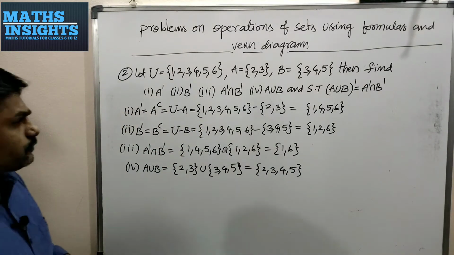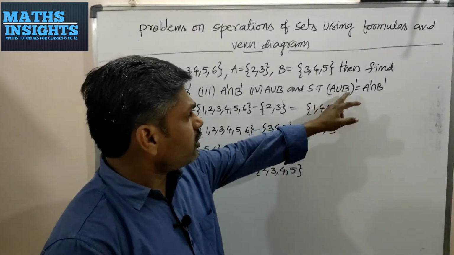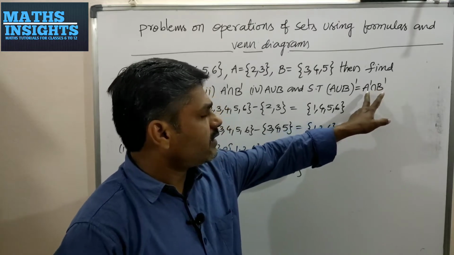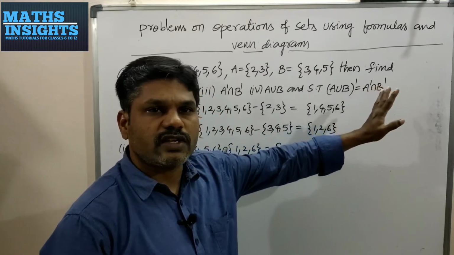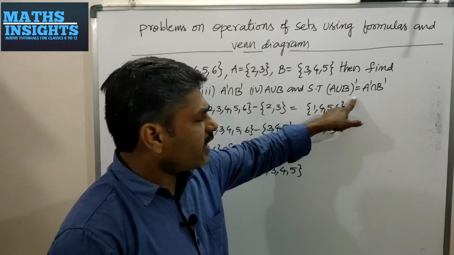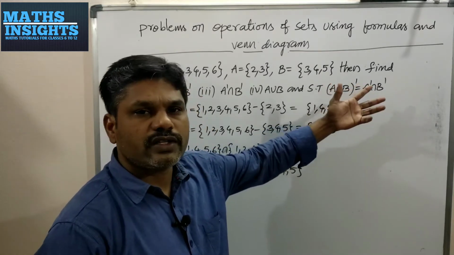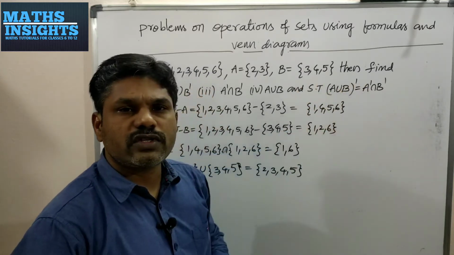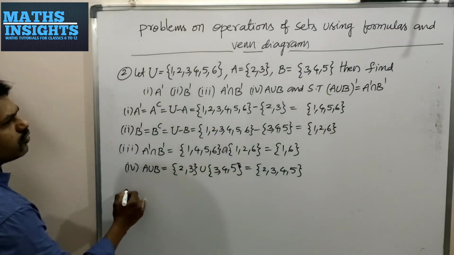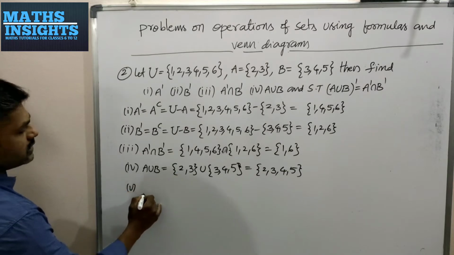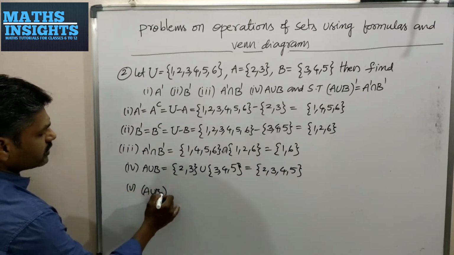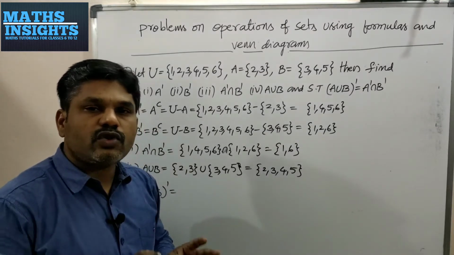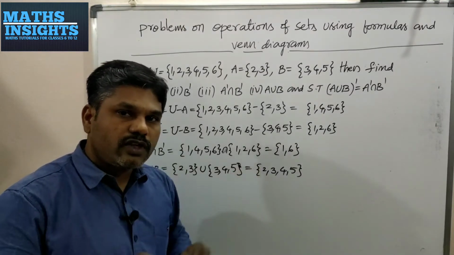Coming to this, A union B whole dash equals A dash intersection B dash. You already calculated A dash intersection B dash. Now I will find the set A union B whole dash, and I will show that the elements of these two sets are equal. So you may take it as the fifth one, that is A union B whole dash. The complement of any set is nothing but subtracting that set from the universal set.